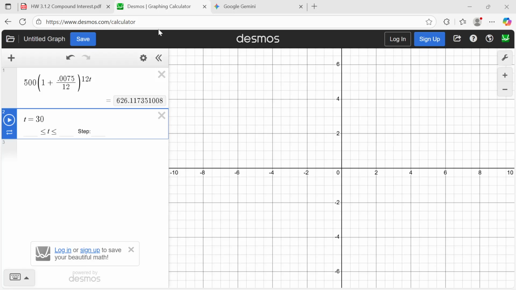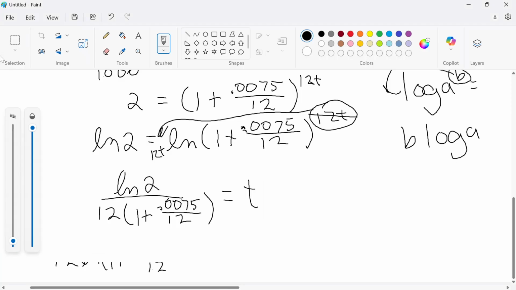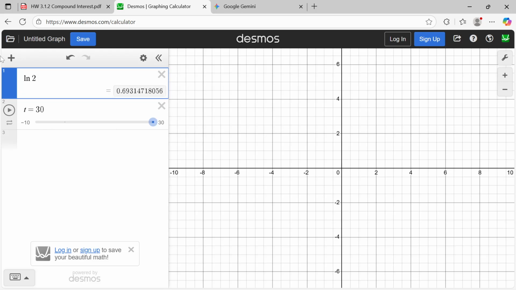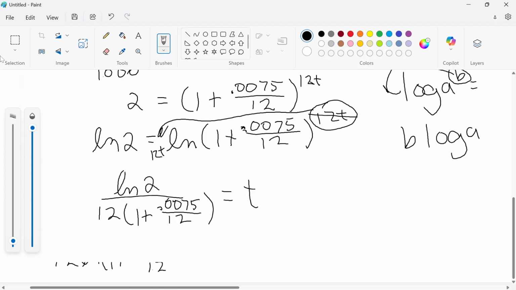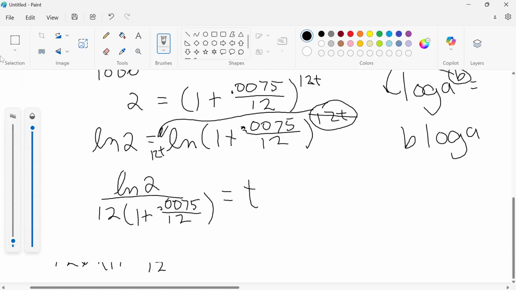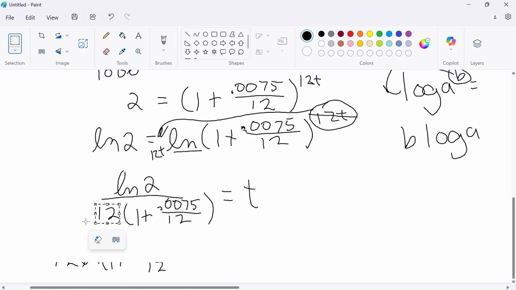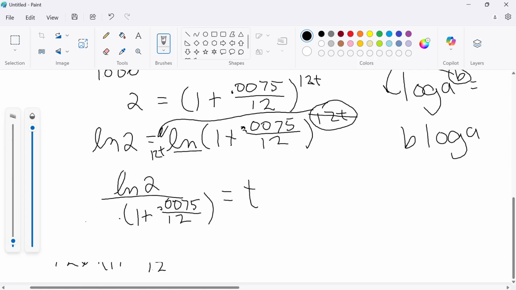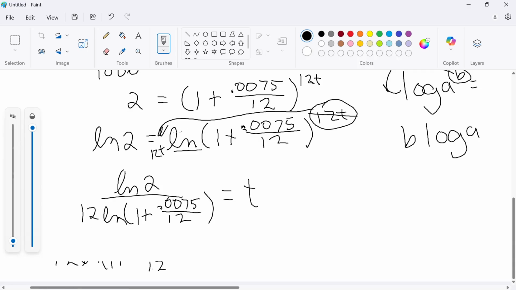And if I do this on Desmos, if you want to know triple, it's log of 3. Log of 2, 12 times... Oops, I forgot the log. Even when I said the formula, it's the number of compounding periods times the natural log of 1 plus the interest rate written as a number divided by the number of compounding periods.